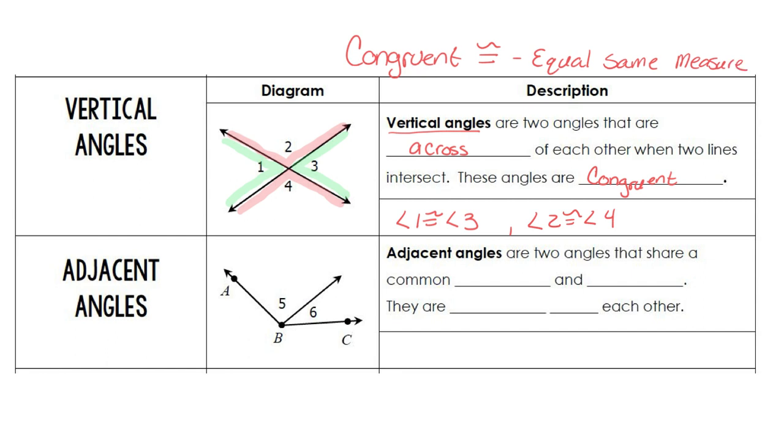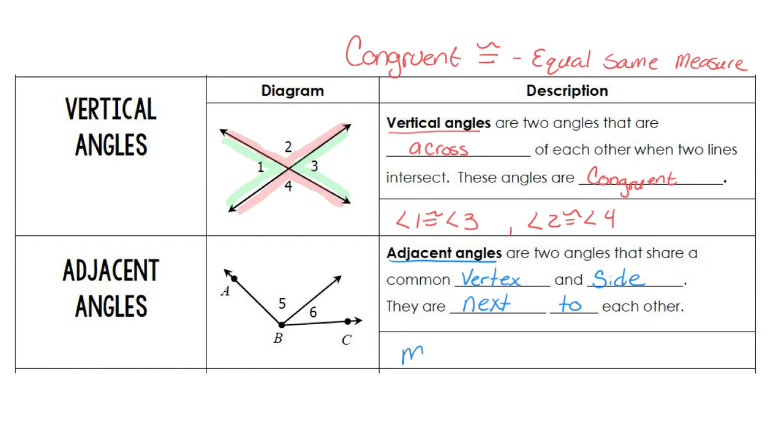So we can move on now to adjacent. Adjacent angles are two angles that share a common vertex. And remember, vertex is like the point of the triangle. And they will share a common side. They are next to each other.